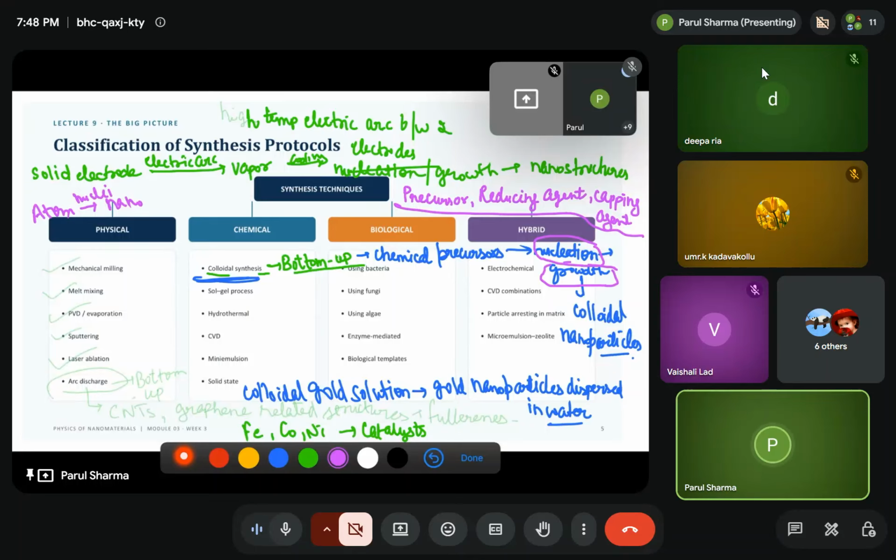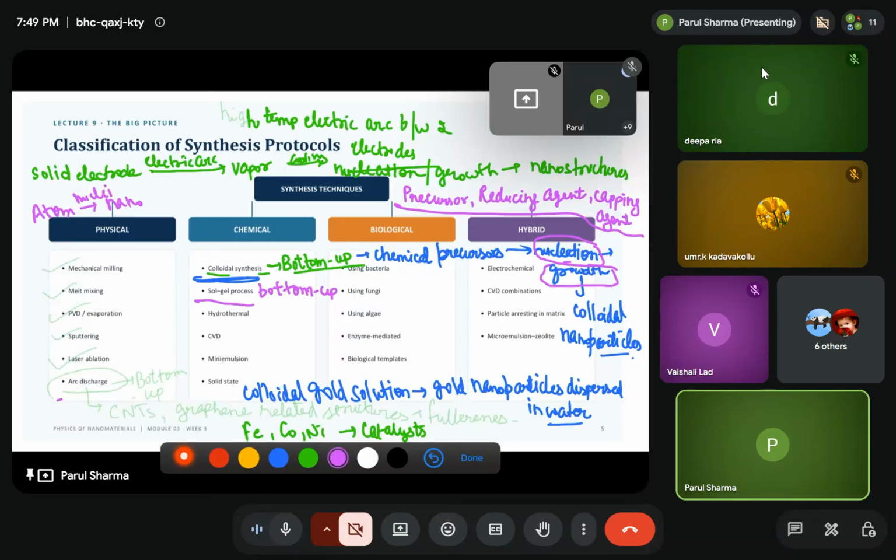The next is the sol-gel process. So what is the sol-gel process? It is also a bottom-up wet chemical method for synthesizing nanomaterials.